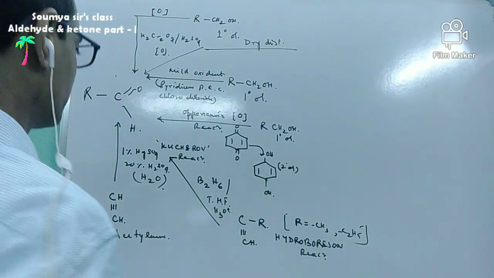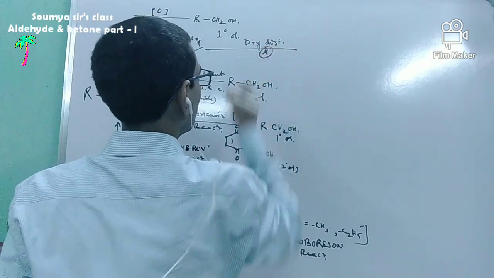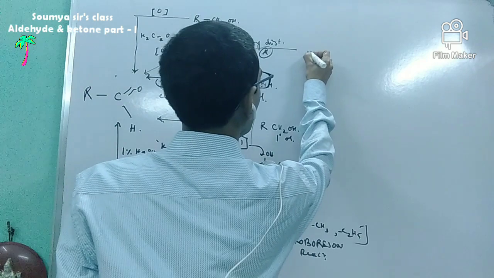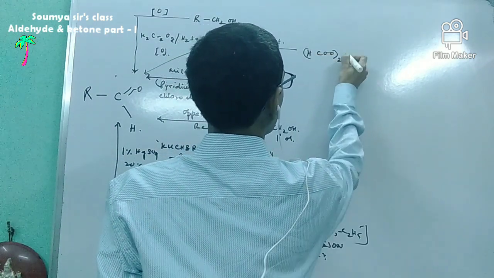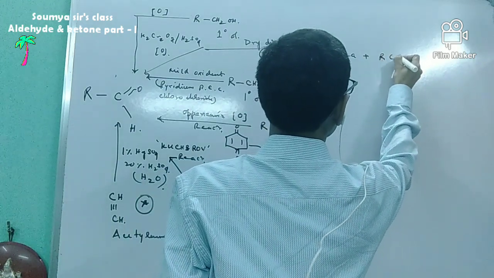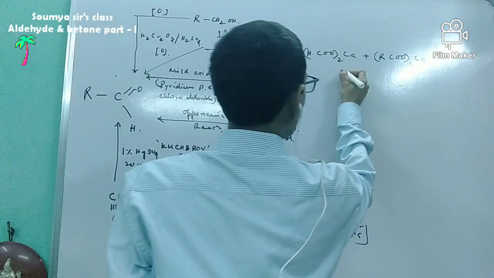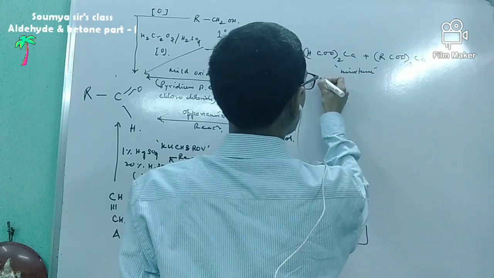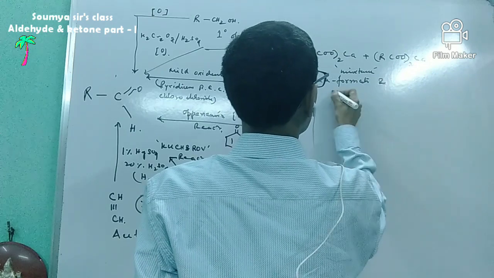Dry distillation of calcium formate and any other carboxylic acid salt like (RCOO)2Ca. The mixture of calcium formate and calcium carboxylate will actually give rise to this aldehyde.